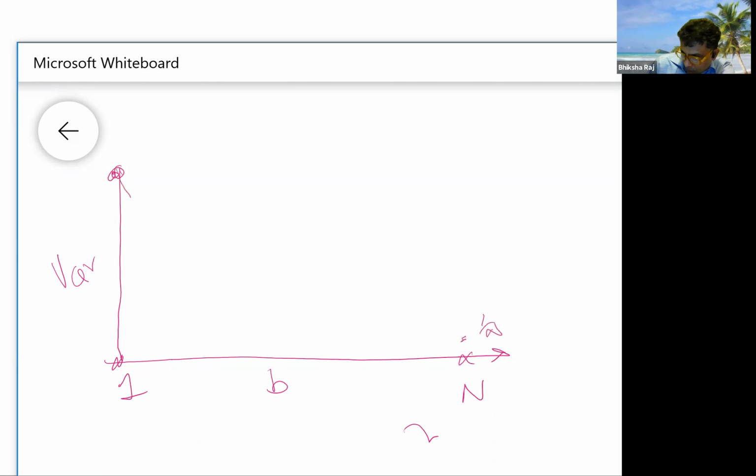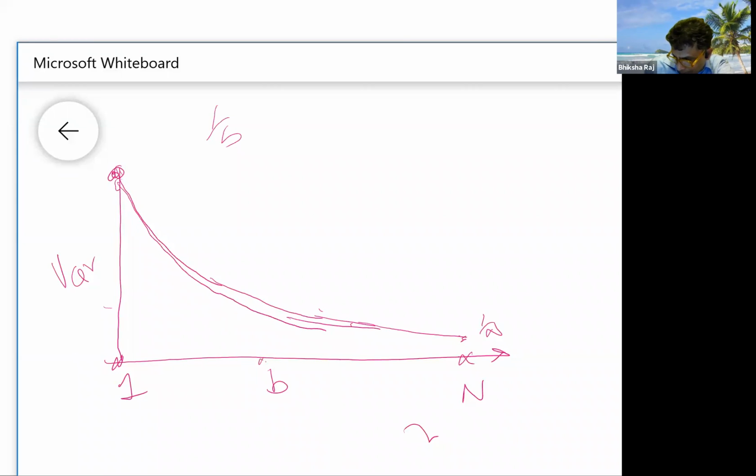N can be very large, so this can go down to almost 0. But observe how, because this variance falls off as 1 over b, the variance is going to fall very rapidly. By the time you get to about a batch size of 100, the variance factor is already 0.01. Even at a batch size of about 30, the variance factor is going to be 0.03.